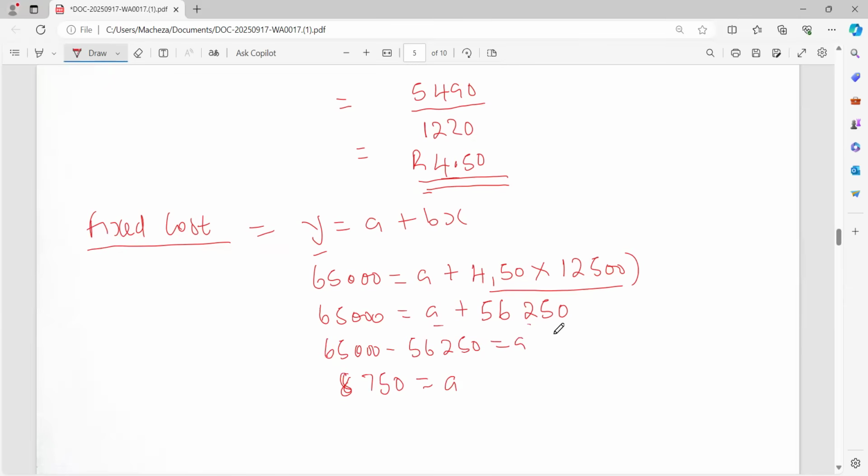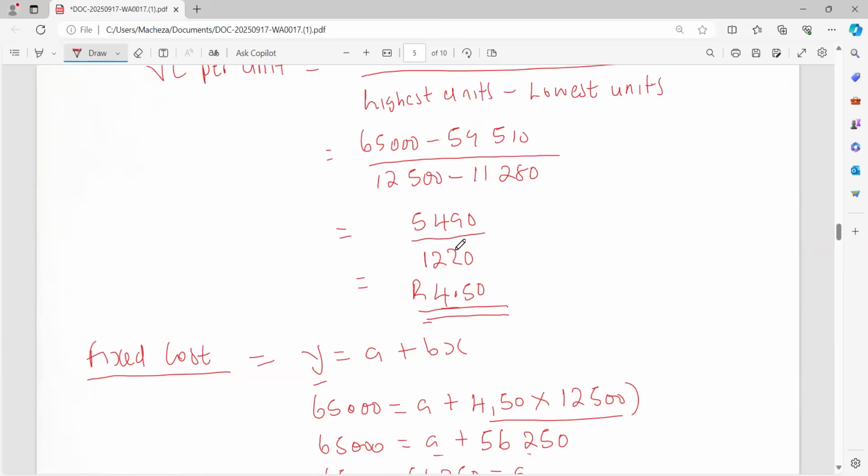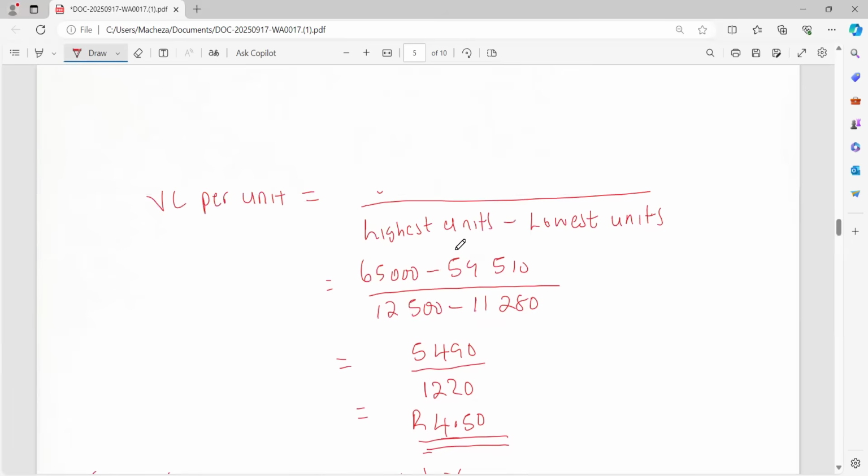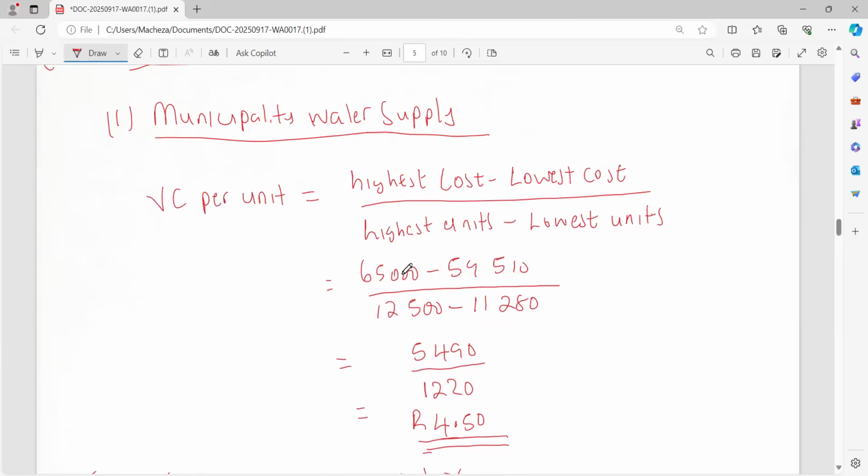We now have our fixed cost and our variable cost. But remember, what we want is the total water charges for the municipality water per year. Let's go to the question and look at what else we can do there.